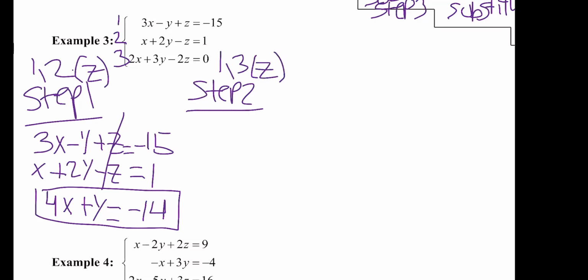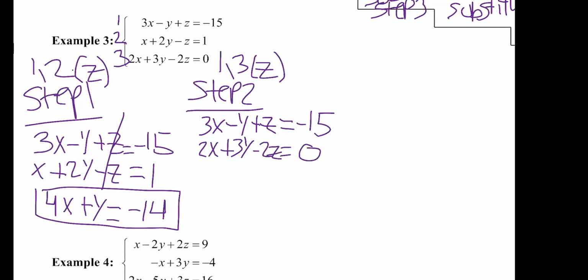So I'm just going to copy the first equation, and I'm going to copy the third equation. Here's the deal. Since I got rid of the z's in the first step, I've got to get rid of the z's in the second step. So I need to make my z's the opposite.